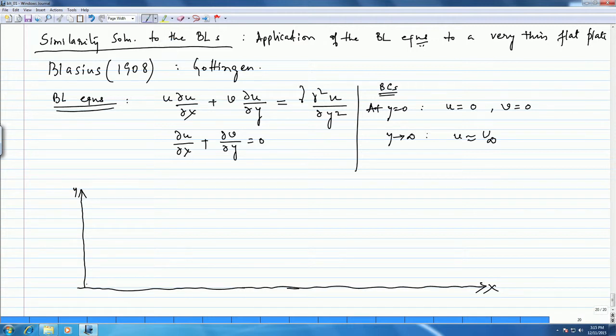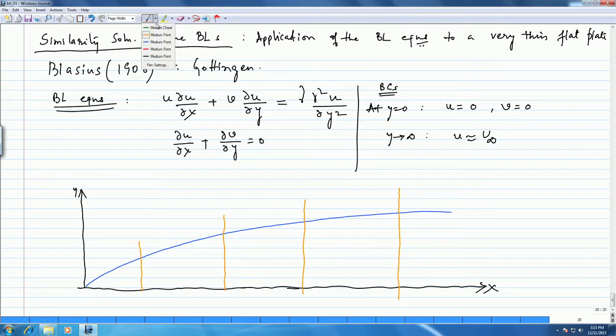Okay, so this is basically my boundary layer, right? Now, what I'm going to do is look at 4 locations. So say one location is here, another location is here, another location is here, and another location is here.